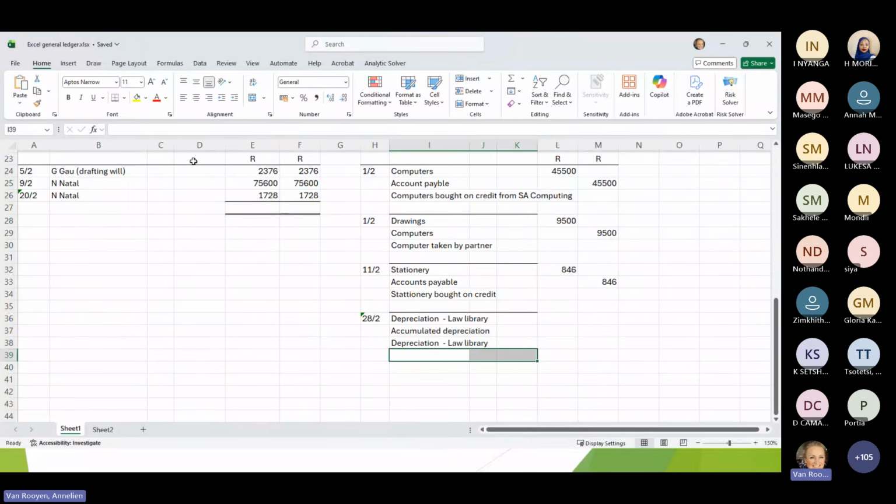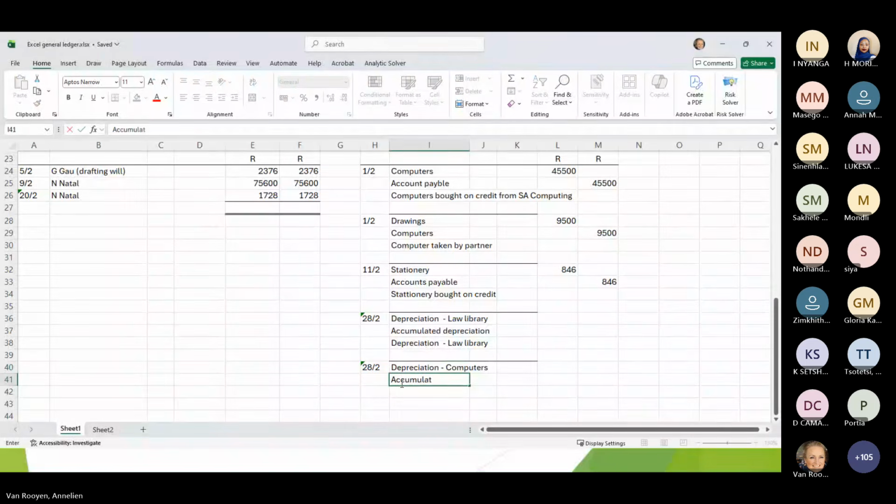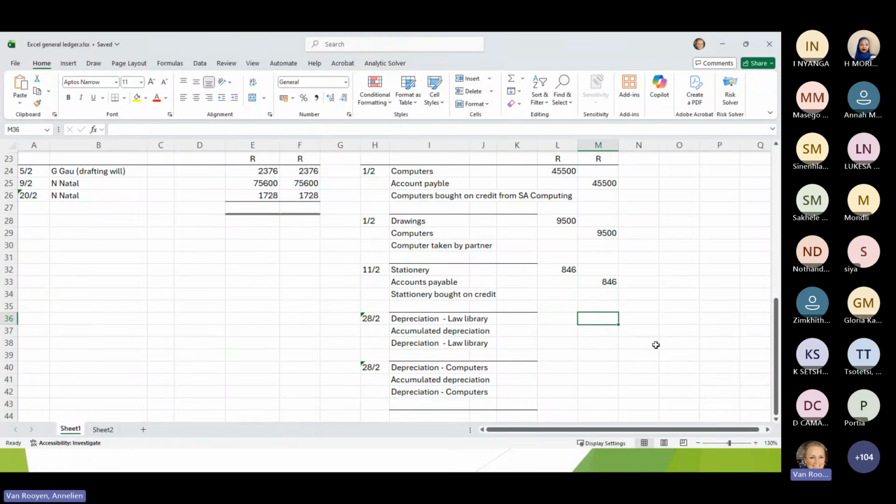And also on the 28th, depreciation again on the computers. Okay, I'm just going to leave it as is. We'll come back and do the actual amounts a bit later on.